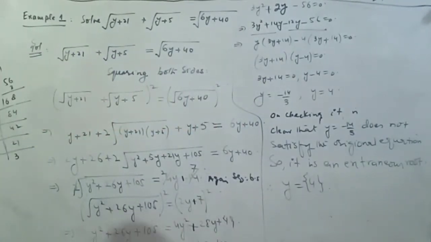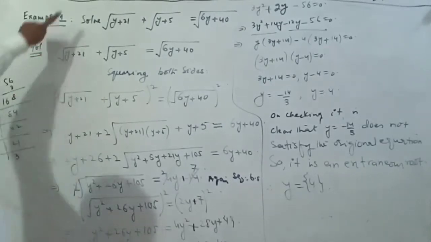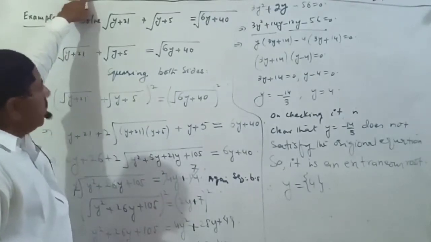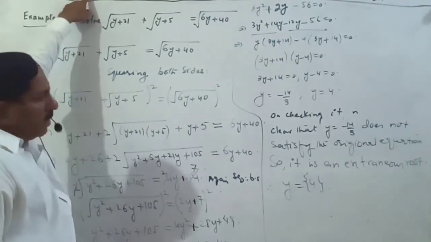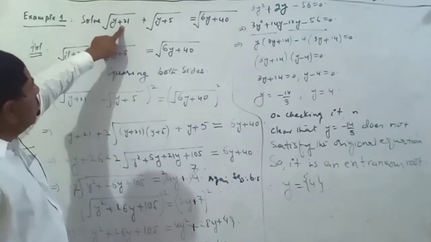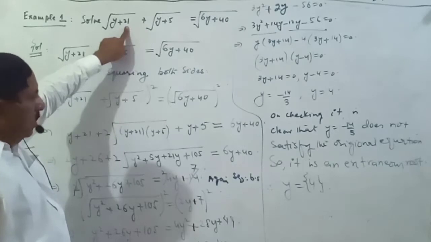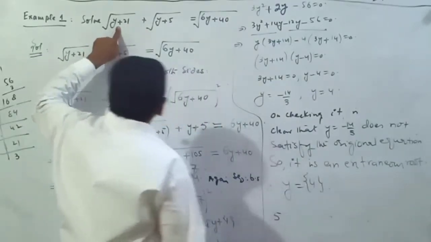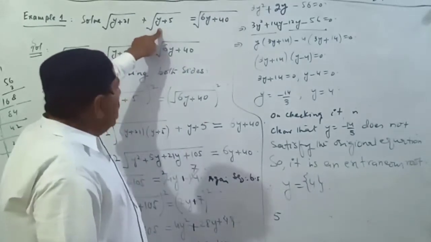So if we check whether y is equal to 4 is correct or not, so y plus 21 means 4 plus 21, 25. The radical of 25 is equal to 5. y plus 5 means 4 plus 5, 9.